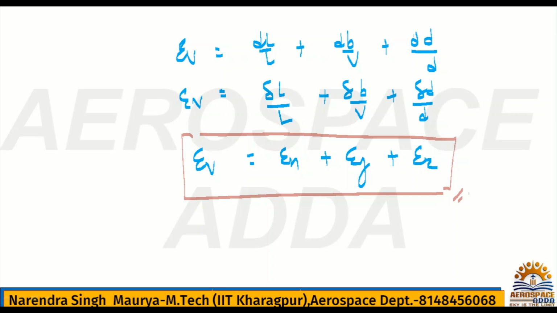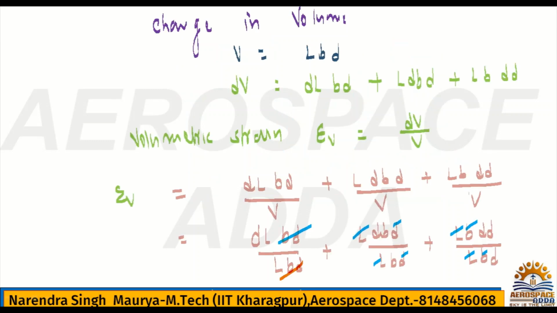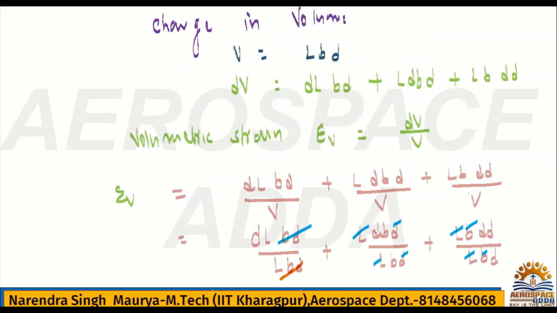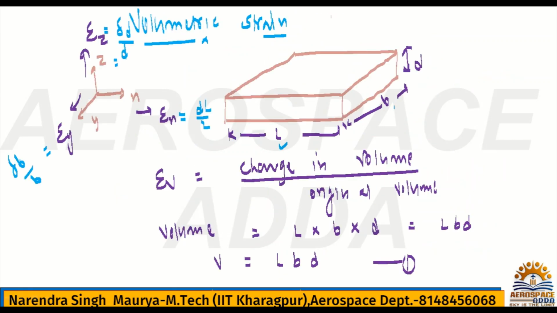Okay, this is for what? This is for the rectangular bar. This is the rectangular plate, or you can say rectangular bar. It's your choice. You can write rectangular bar or rectangular plate. Here I have written volumetric strain for the rectangular bar.